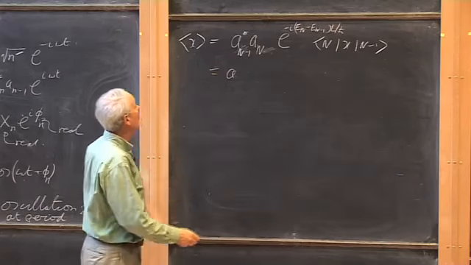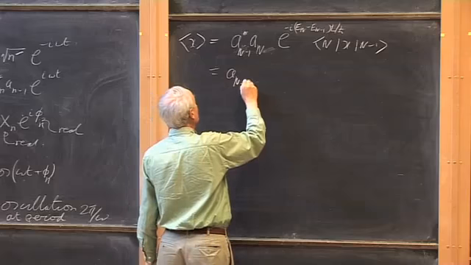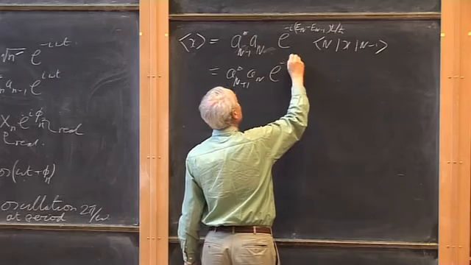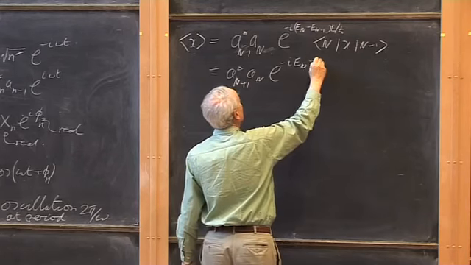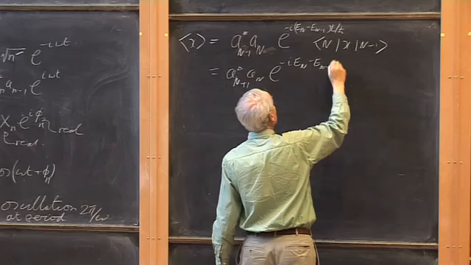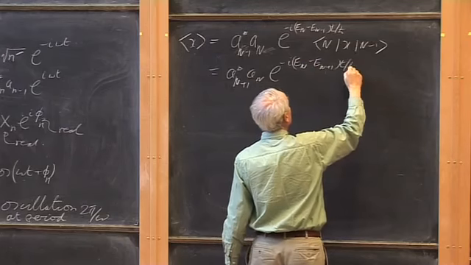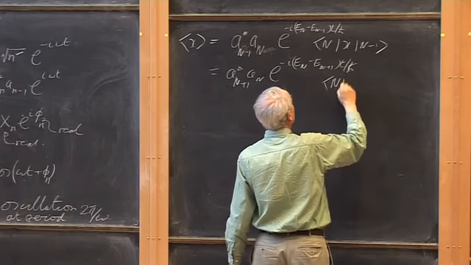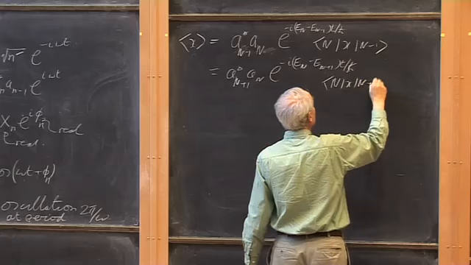Then, because <n|x|n> will vanish, the next one, by this symmetry property, I will have a_{n+1}^* a_n e to the minus i (E_n - E_{n+1}) t over h bar times <n|x|n+1>.